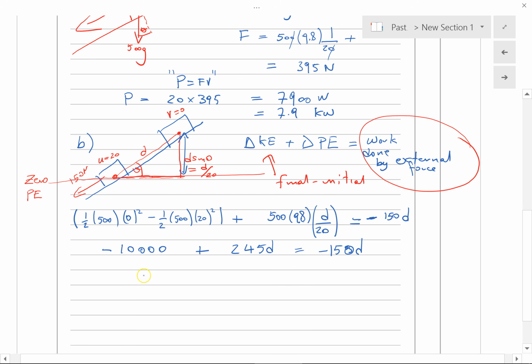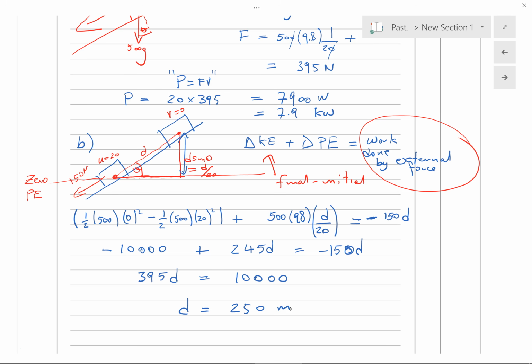So we've got 395 D is equal to 10,000. Now divide that through. We get 253, but I'm going to give it to two significant figures, so that's 250 meters. They do accept 3 significant figures, but nothing else. I'm giving it to 2 because we use g in our question.